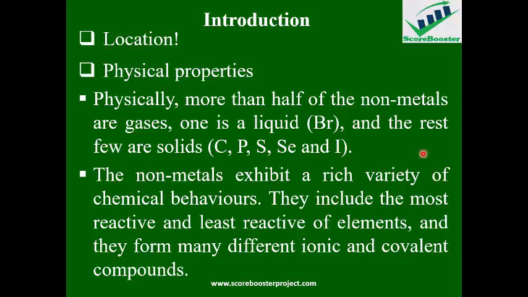So we expect these differences to occur in chemical behavior because of the changing way the electrons are arranged. Sometimes, especially with the d shell, you can have overlapping, or you may not have overlapping. So when you have something like that, we expect some difference in chemical behavior. That is why non-metals have different ways of behaving.